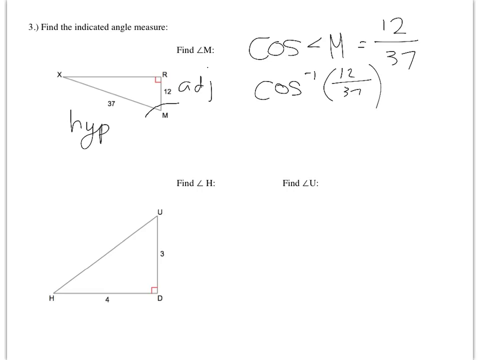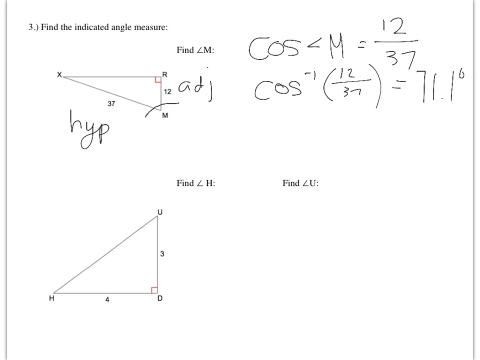If you want to, you could certainly type in that fraction first and get the decimal, but it's just an extra step. You can put that fraction right into the parentheses and figure out what the angle measure is going to be. Let's round to the nearest tenth here, and you should get that the angle measure is 71.1 degrees.